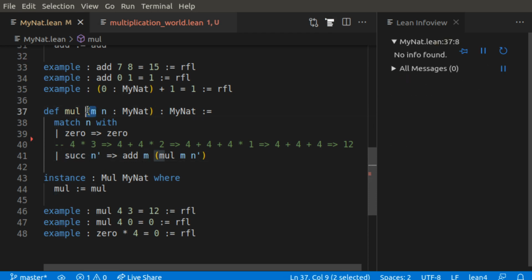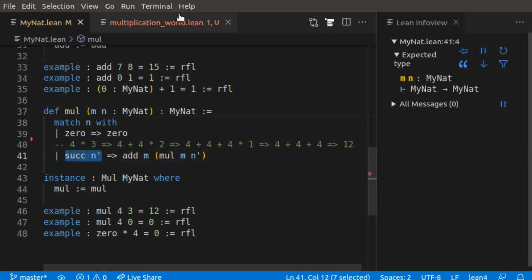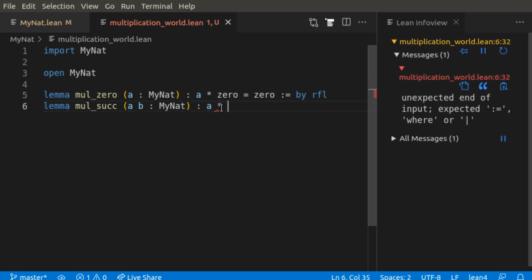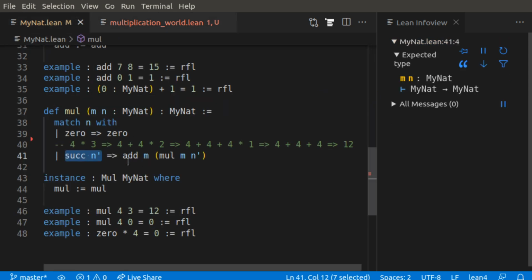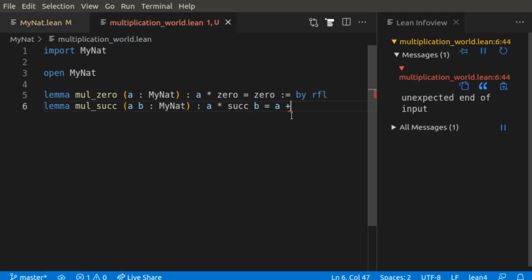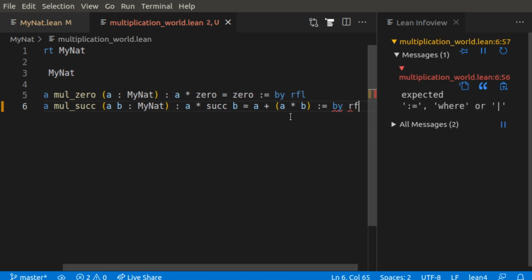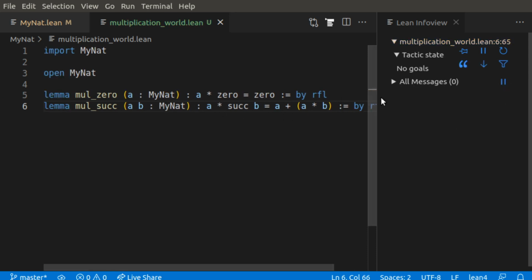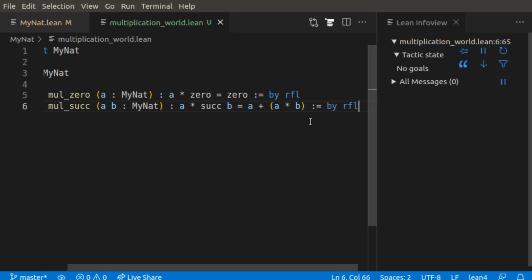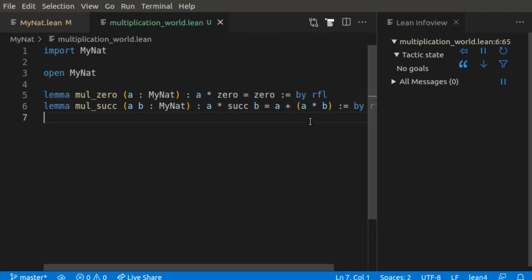If we have m times successor n, or a times successor b, that is just adding m plus m times n prime, so in our case a plus a times b, again by reflection. Cool. With these two lemmas, let's prove something a bit more interesting.